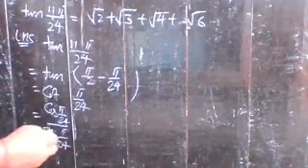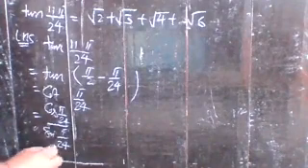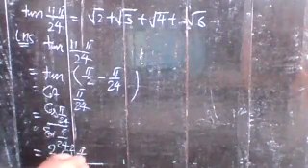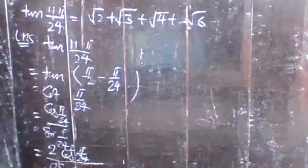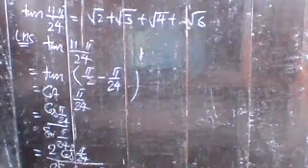Understand? So you arrange this term. So that is equal to 2 cos square pi by 24 divided by 2 sine pi by 24 cos of pi by 24. You write it in this way.